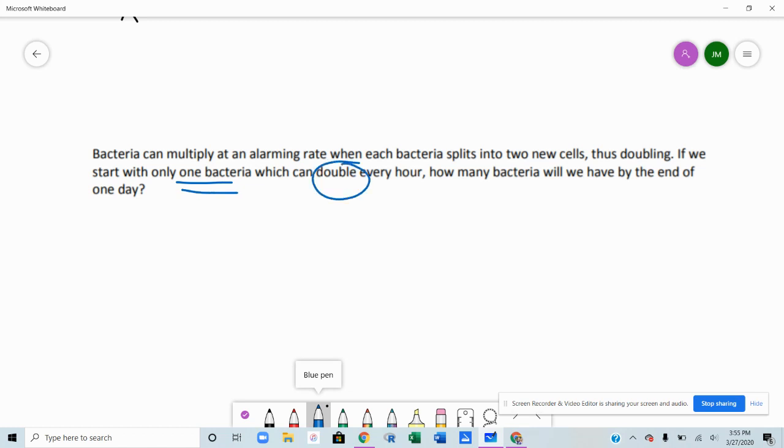That can give you your original equation, which says y equals A is your starting amount, which for us, we start with 1, times B is your changing rate, which it says double, so which means 2, to the power of X. Then you can use your equation to answer the question, which says how many will there be, which is your y value, by the end of 1 day, which there's your X value.